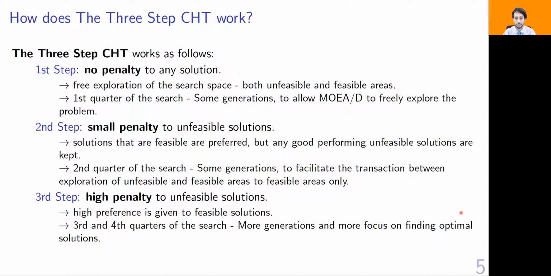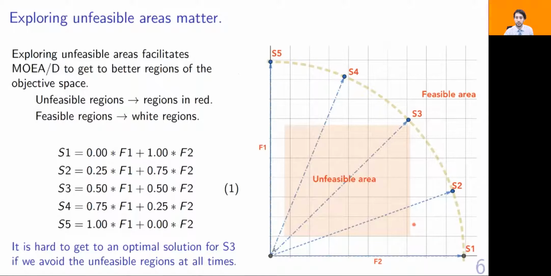So why does exploring unfeasible areas matter? Take a look at this image on the right. We have an unfeasible area here in red and one feasible area in white. Exploring unfeasible areas of the search space might help MOEA to get to better regions of this objective space.